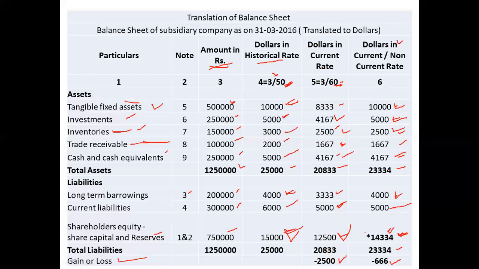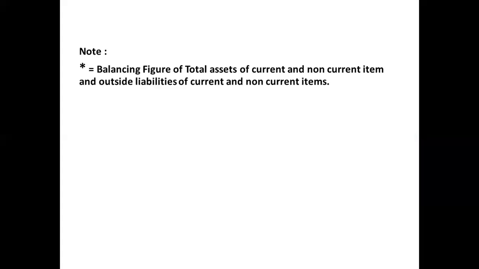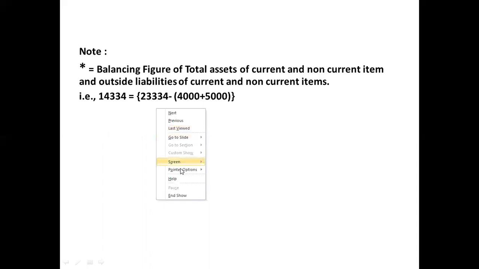So note what I told you: the 14,334 should be taken from 23,334 minus 4,000 plus 5,000. 23,334 is the value of total assets, and 4,000 and 5,000 are the outside current liabilities.